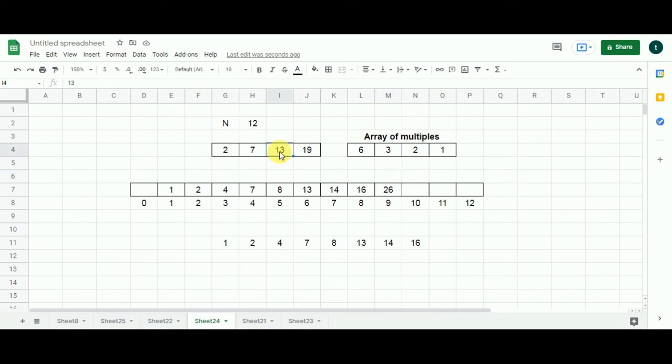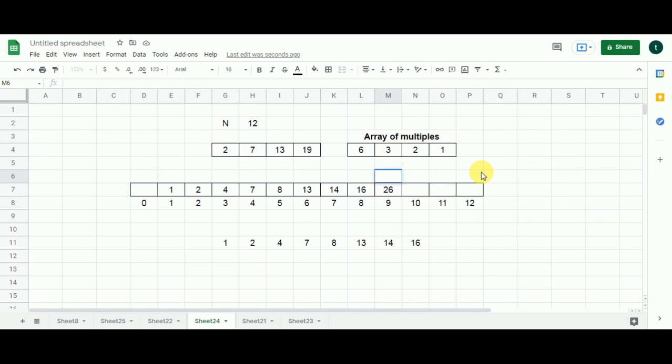13 will be multiplied with the value at index 2, which is 2. So 13 multiplied by 2 is going to give me 26. Now 26 is already populated over here, so no way it's going to replace it. I'm going to eliminate it.